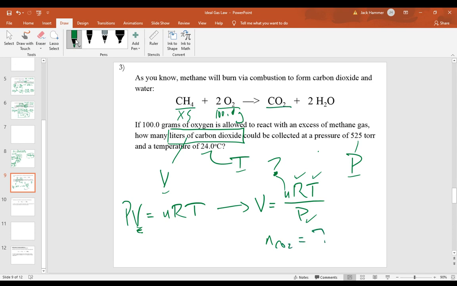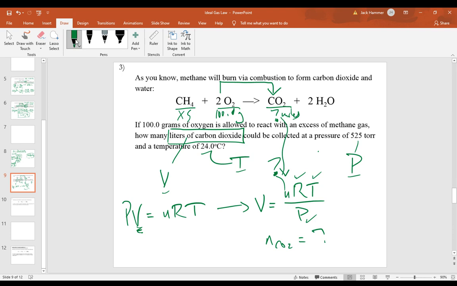And that's this guy right here. So we've got to know how many moles. If we knew how many moles of CO2, then we could just plug that into the ideal gas law, plug in these other numbers, and we're home free. But first, you have to use stoichiometry to figure that out.